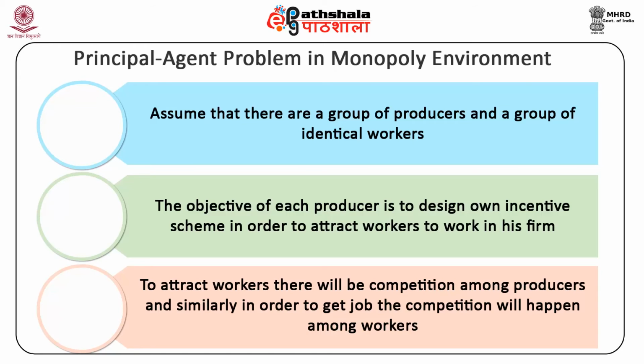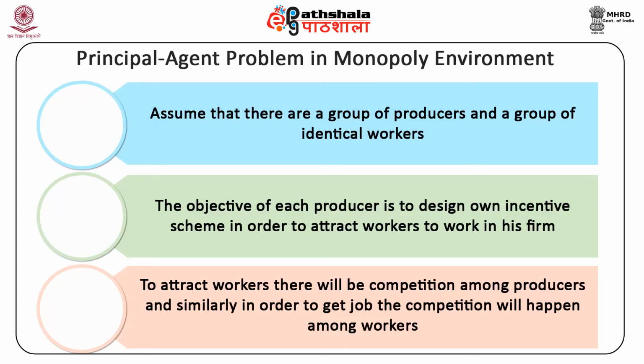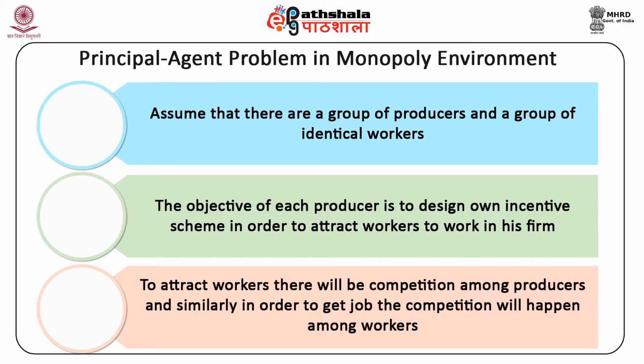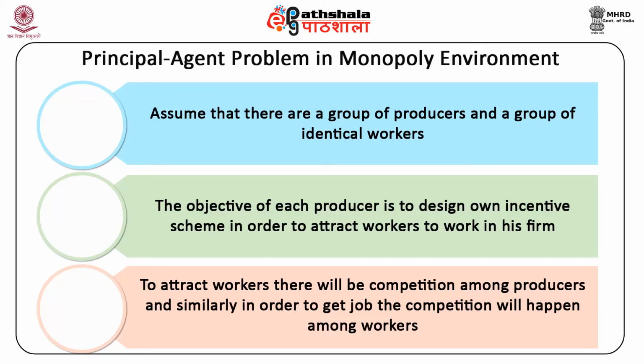Just like monopoly, the optimization problem facing a competitive firm is to maximize profit, that is, revenue minus cost by minimizing the cost to induce various levels of effort and to attract the workers to his firm.